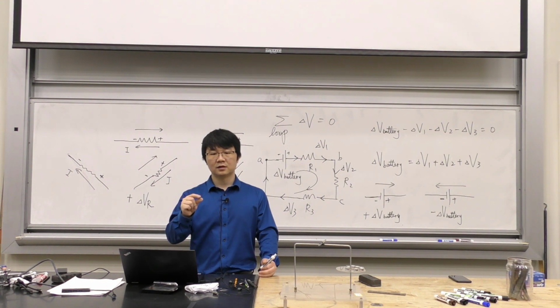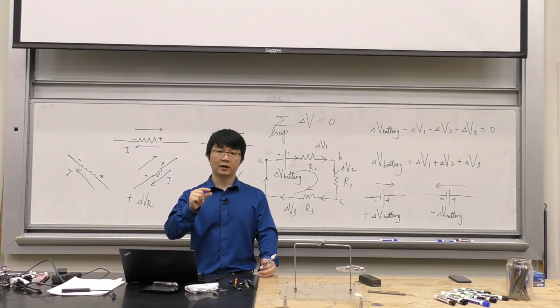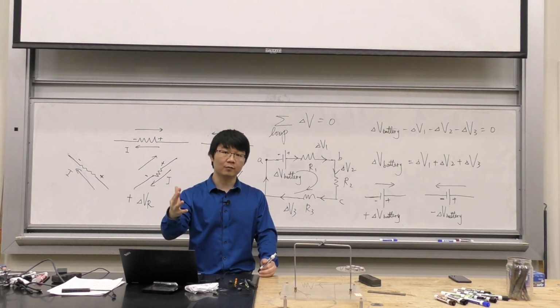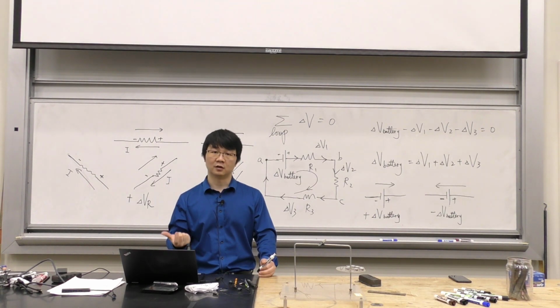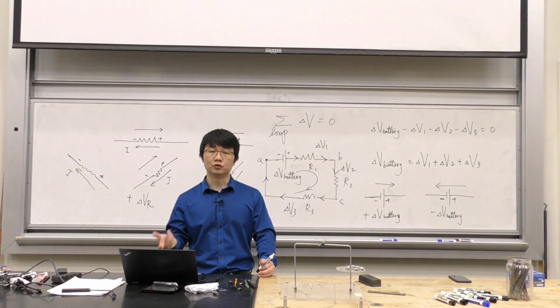But I realized all these currents in that junction have already been used in these 5 equations. That means if you write another equation for the 6th junction, this is not considered a new equation, okay? So you shouldn't use junction 6 to write an equation because that's not going to be a new equation.